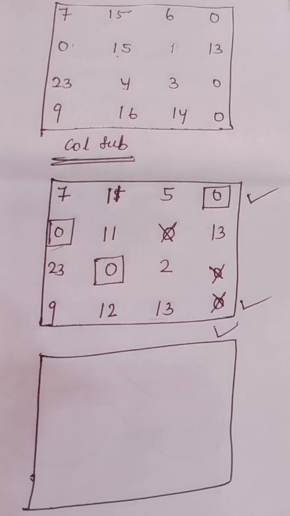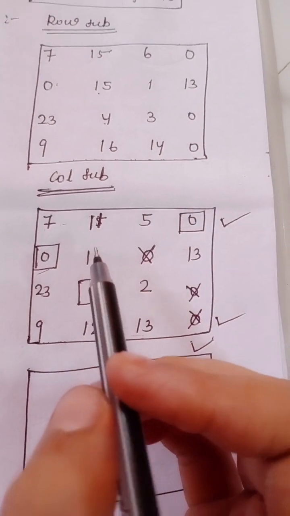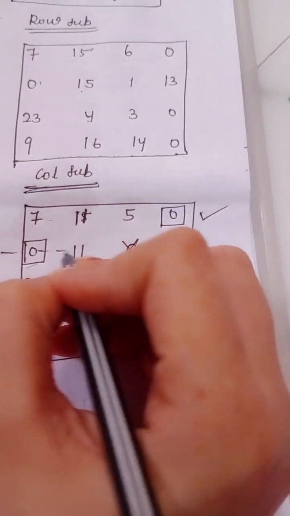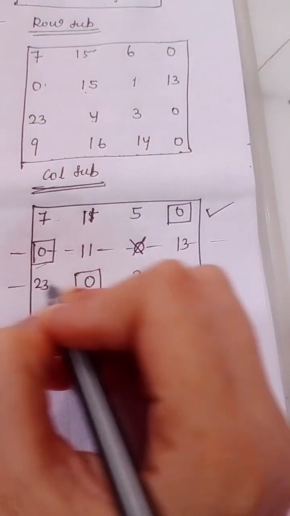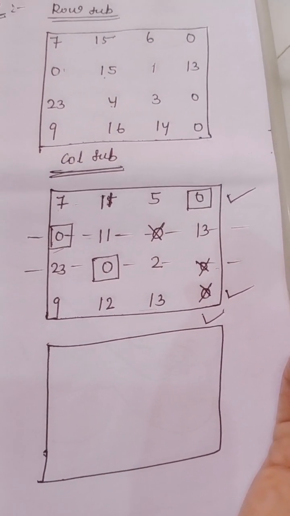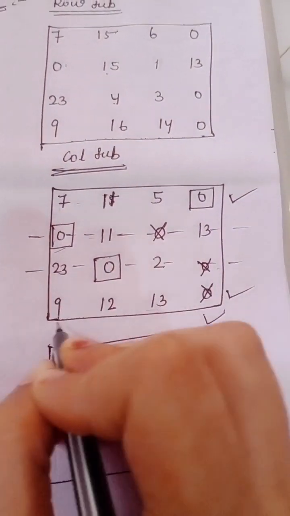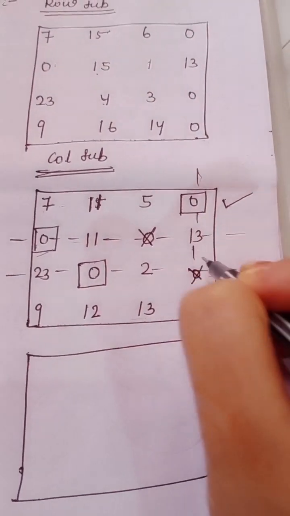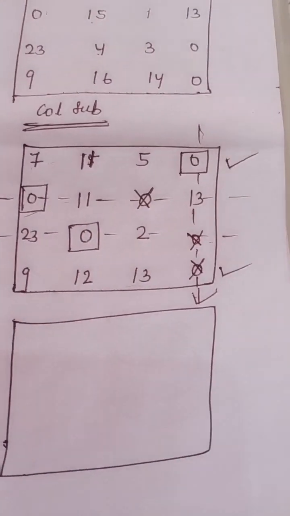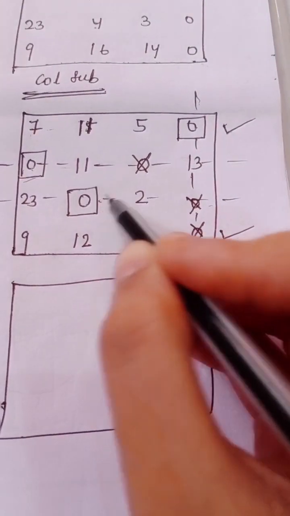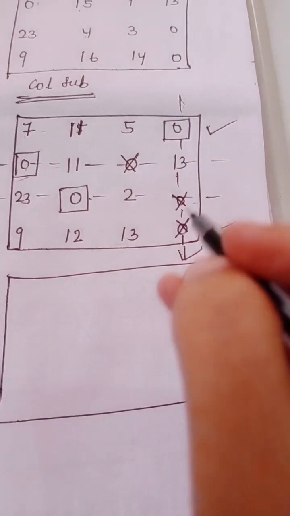Unmarked row. Unmarked row means this, right? So draw it like this. Unmarked row and marked column. Marked column means this column. Draw a straight line. Now write the zeros as it is.